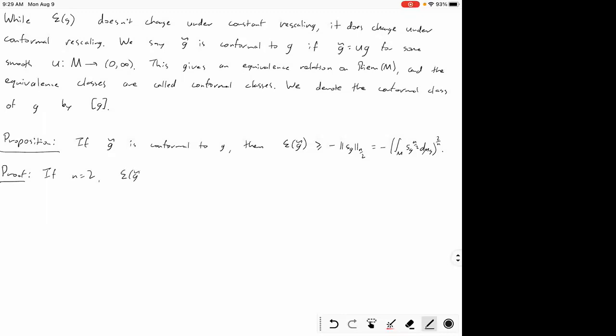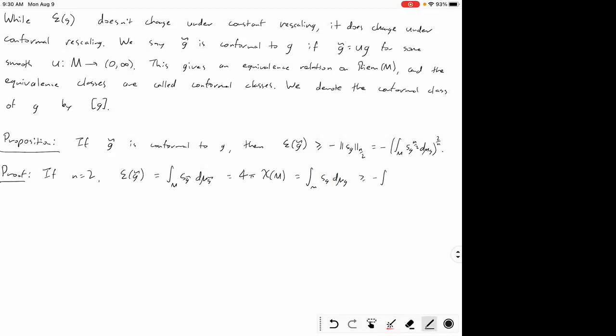Then if you look at this normalized Einstein-Hilbert functional of the metric G tilde, well, just by definition, it's the integral of the scalar curvature. Note, remember the denominator is just 1 in dimension 2. But we saw before that that's just 4 pi times the Euler characteristic. In particular, that's the same if we have our original metric G. But if I have a function, that function is always greater than or equal to the negative of its absolute value.